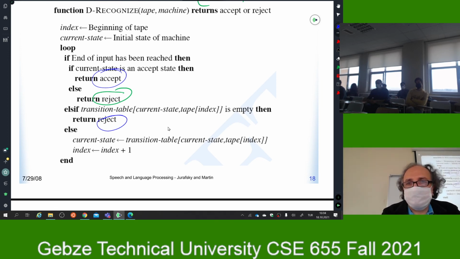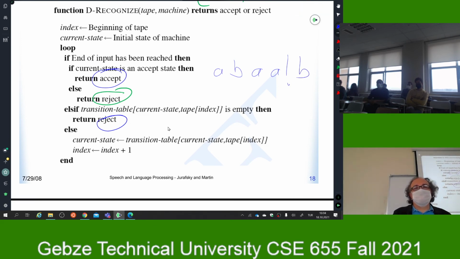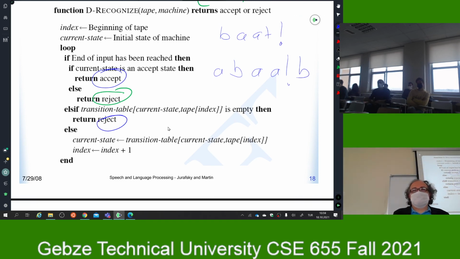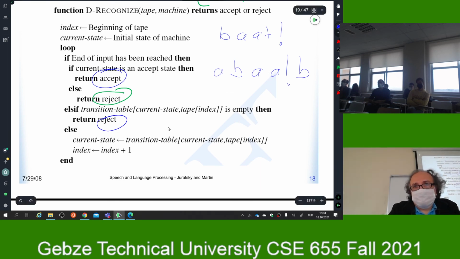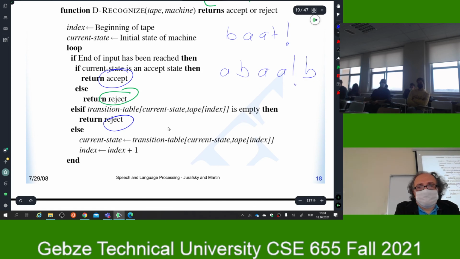So my input is B, A, B, A, and B. Remember my sheep language? It was like B, A plus this. Of course, I am going to reject this, but which reject is that? Blue or green? It's going to be blue.